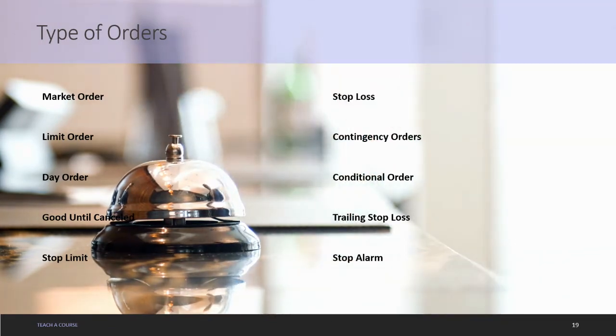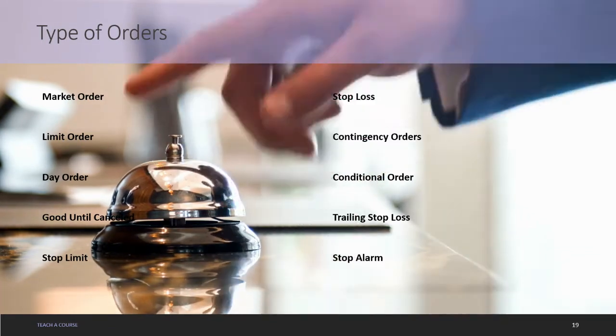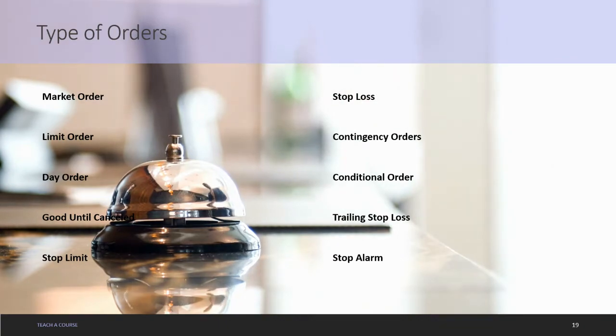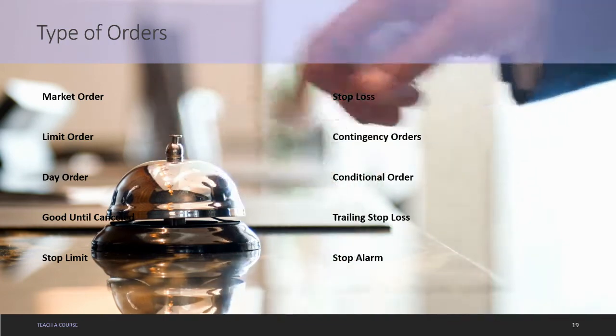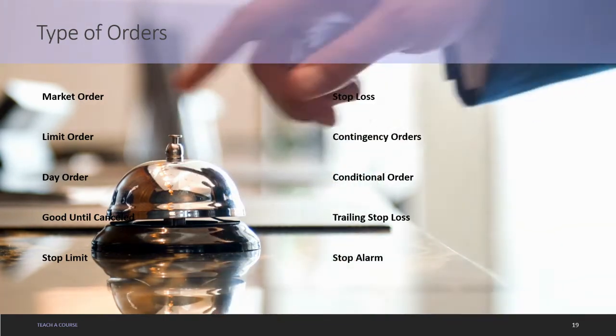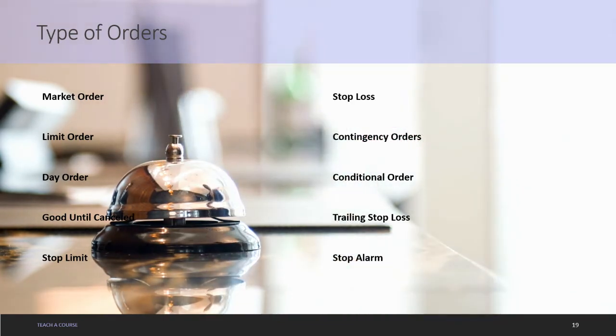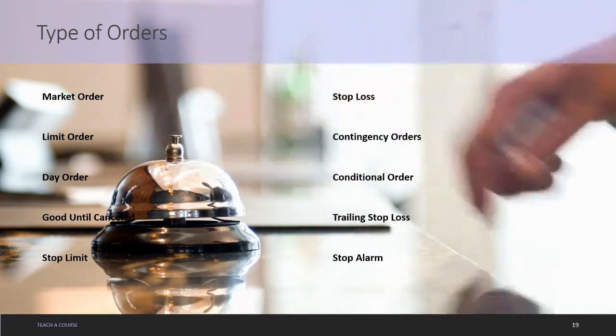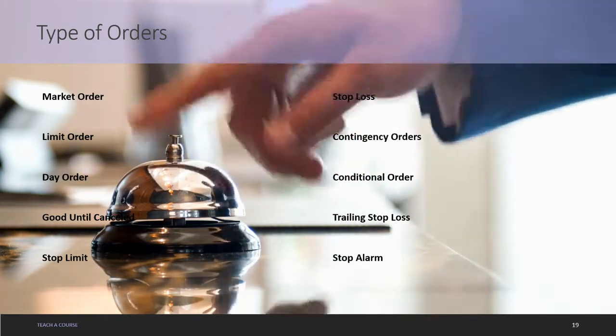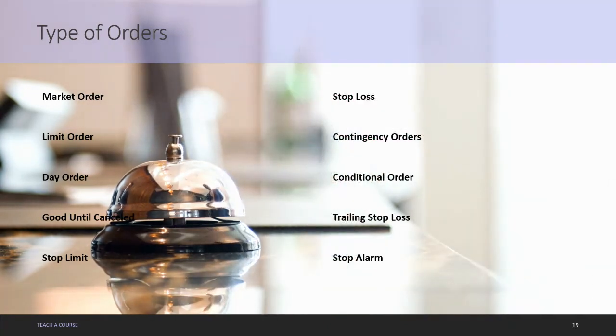So same thing can happen on the downside. A stock may close at $10 one day, the next day it gaps down and opens at $9 or $8. If your stop loss is at $10.90 and it gaps down to $8, it blows right past your stop loss.